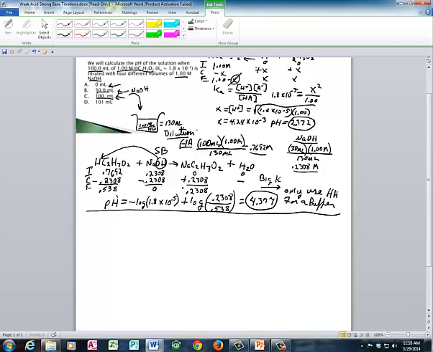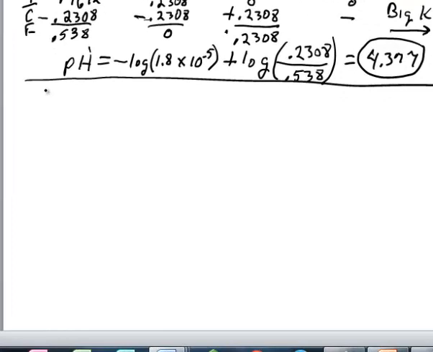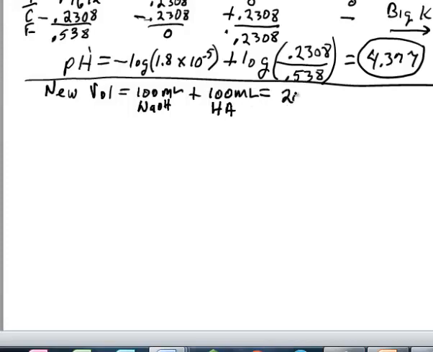So if I have equal volumes and equal concentrations, that means I'm going to have an equal number of moles of both. Let's go ahead and do the new volume just to show you. The new volume will be equal to 100 milliliters of sodium hydroxide plus 100 milliliters that's already in the pot of my acetic acid, and that gives me 200 milliliters total.